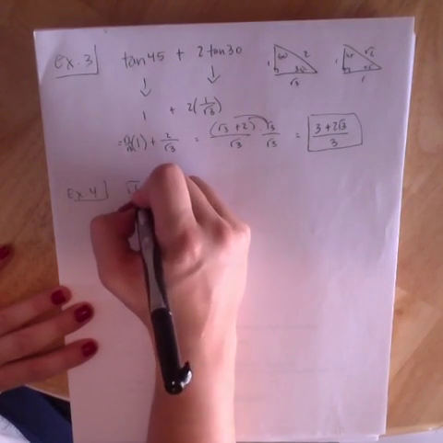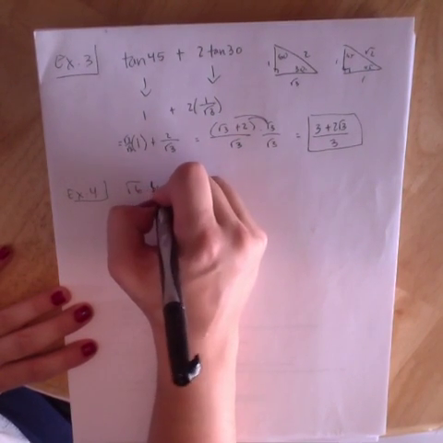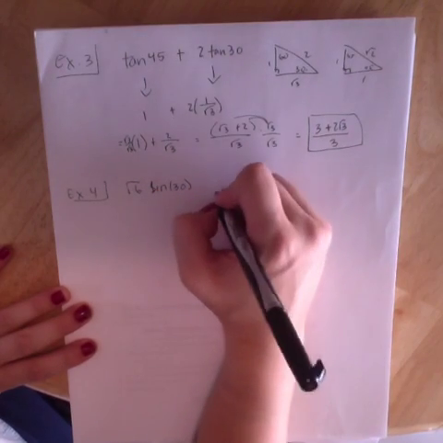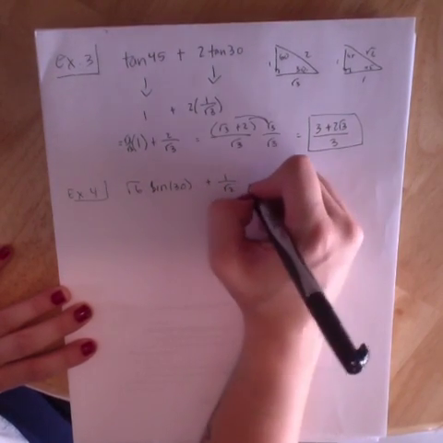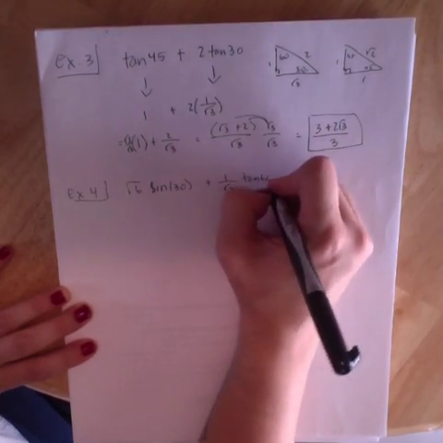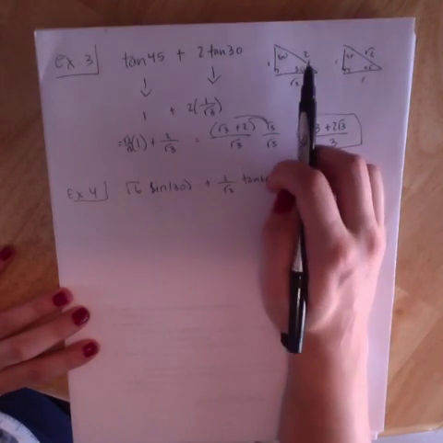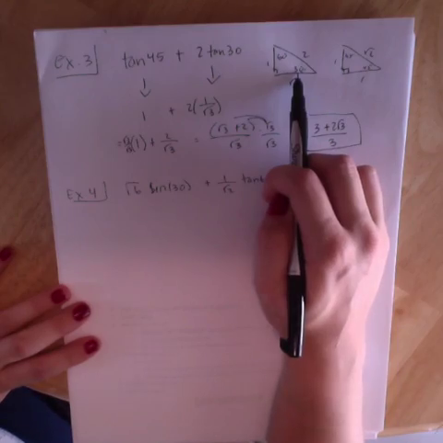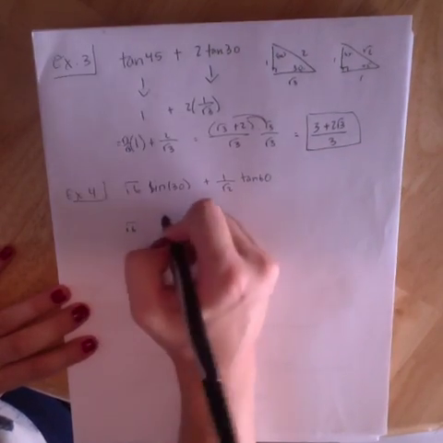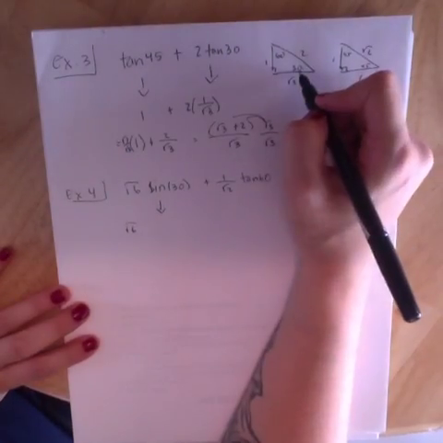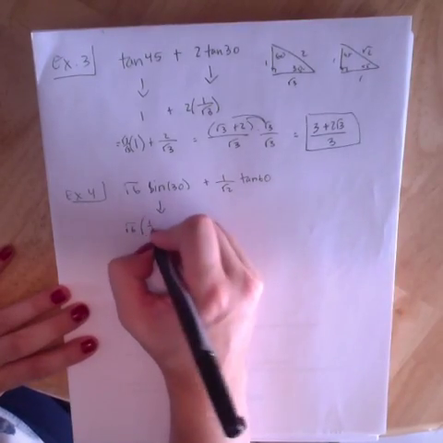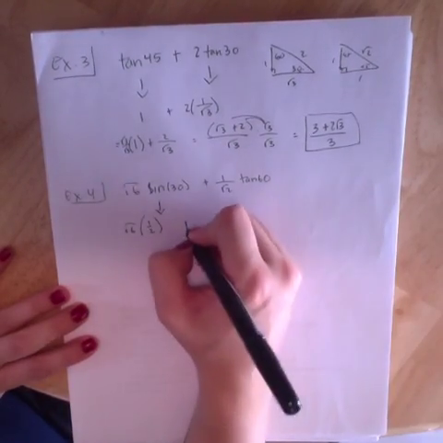We want to evaluate root 6 times the sine of 30 plus 1 over root 2 tangent of 60. So we go up to our 30-60-90 triangle. The root 6 is going to go along for the ride. And the sine of 30 is opposite over hypotenuse, which is 1/2.